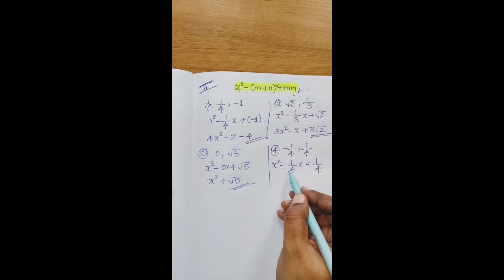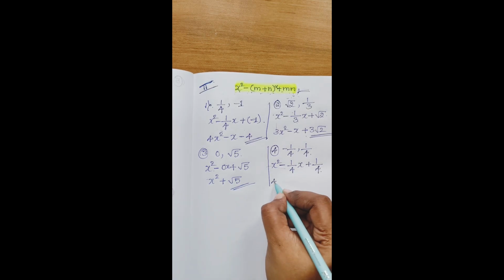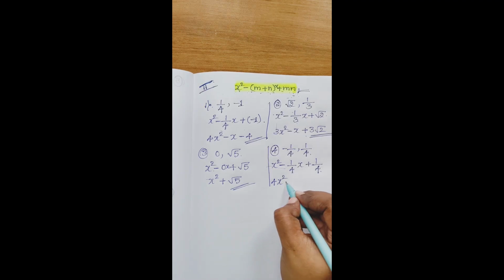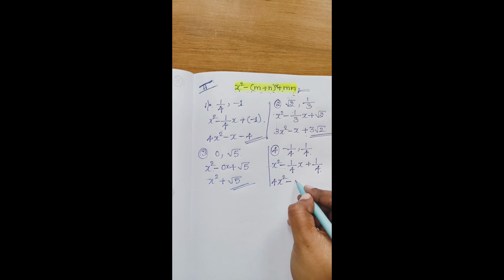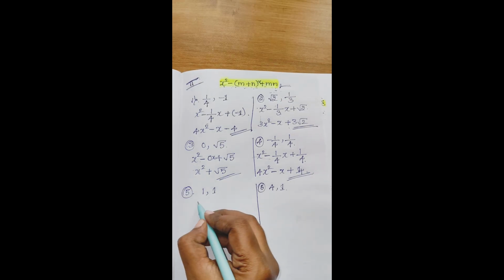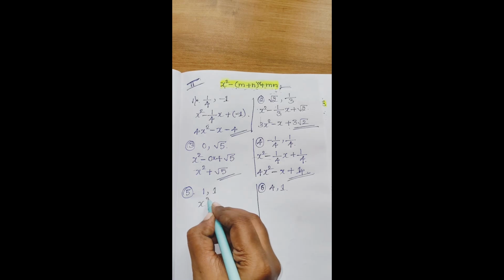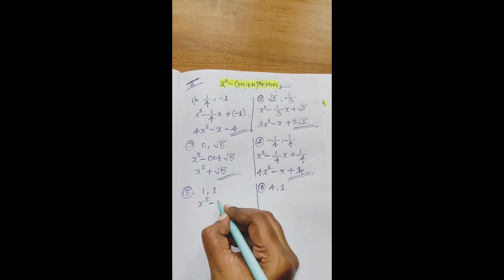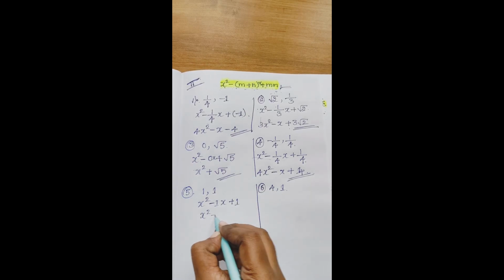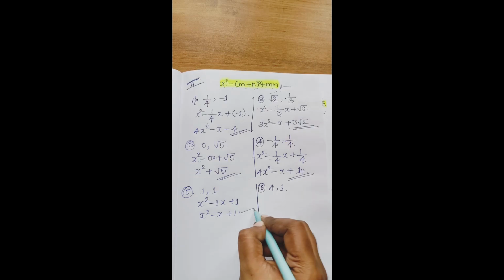Okay, do cross multiplication, 4x square, because the denominator is same, so I am taking only once, minus x plus 1, or you have to multiply here also, it will be 4. Then fifth one, again x square minus 1 is there, you can take 1 into x plus 1. So answer will be x square minus x plus 1 is the answer.